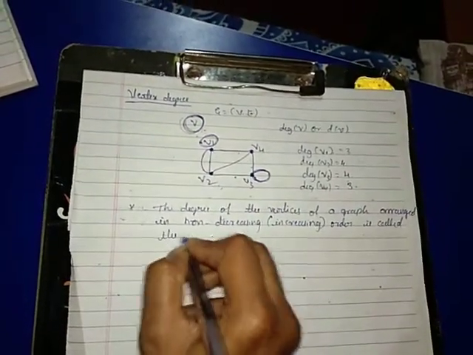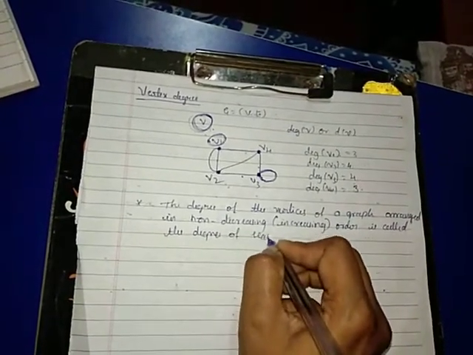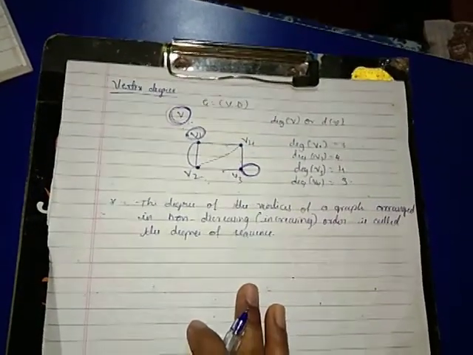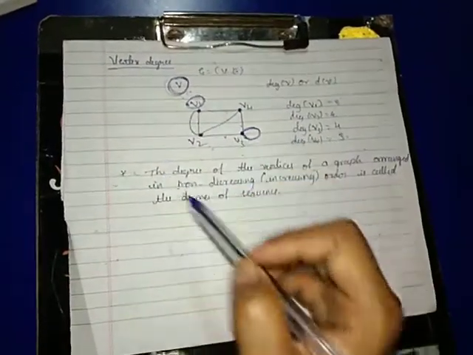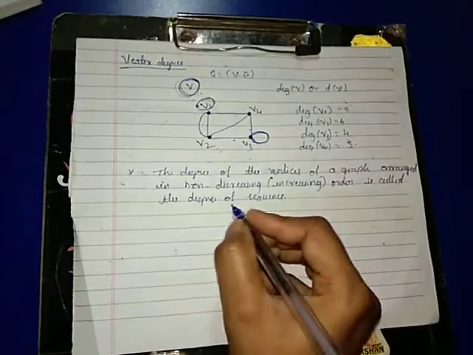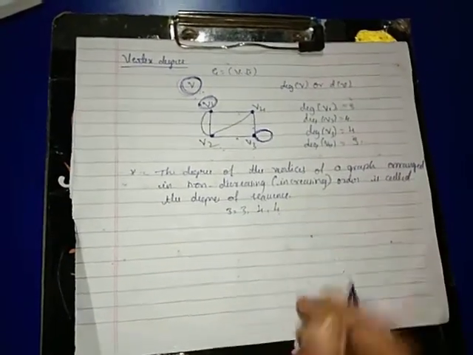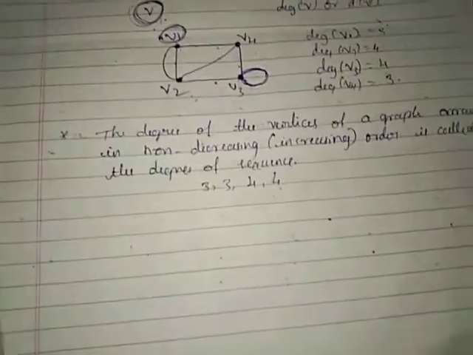I am giving a clear idea here. Suppose these are the degrees of this graph. If you arrange these degrees in increasing order, we get 3, 3, 4, 4. That is called the degree sequence.